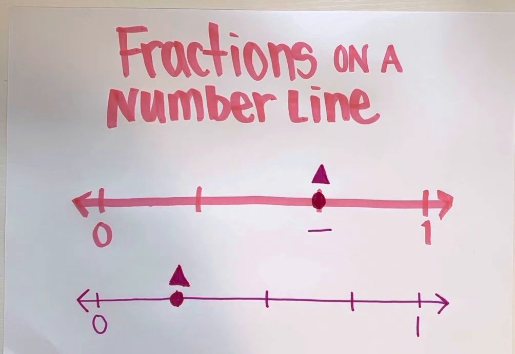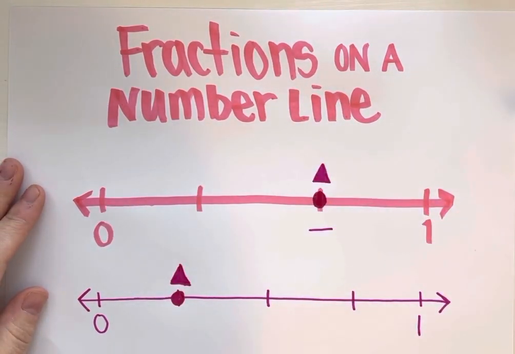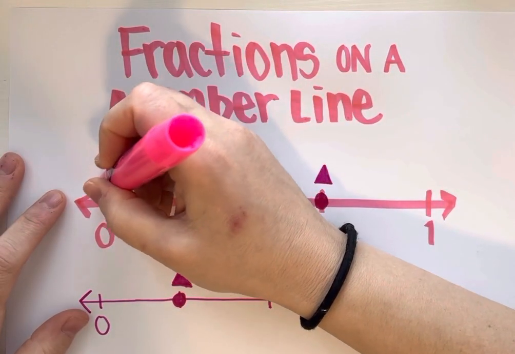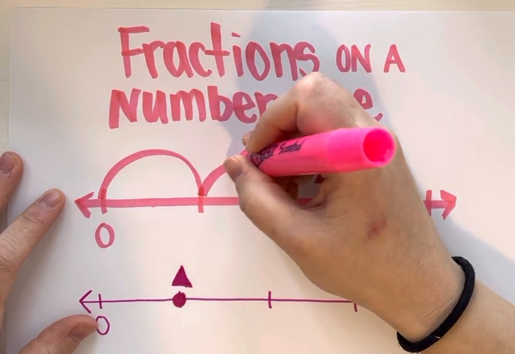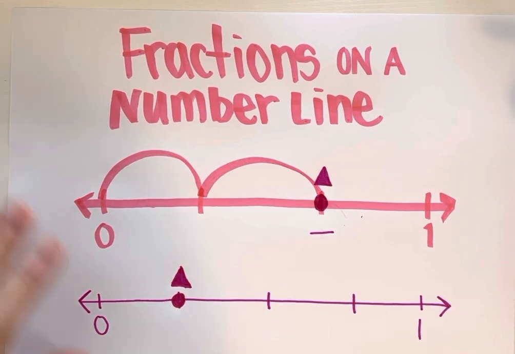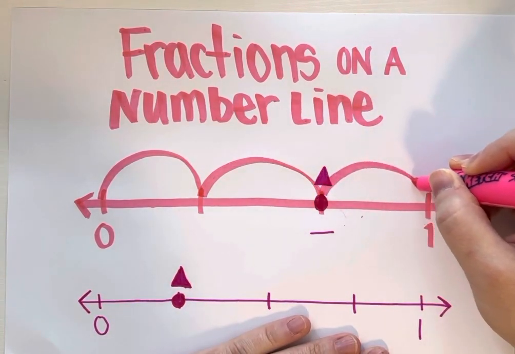Next, I'm going to count how many total jumps it takes me to get from 0 to 1. So if I start at 0 and I jump to the first line, that's 1. To the second line, that's 2. And to the last line, that's 3.